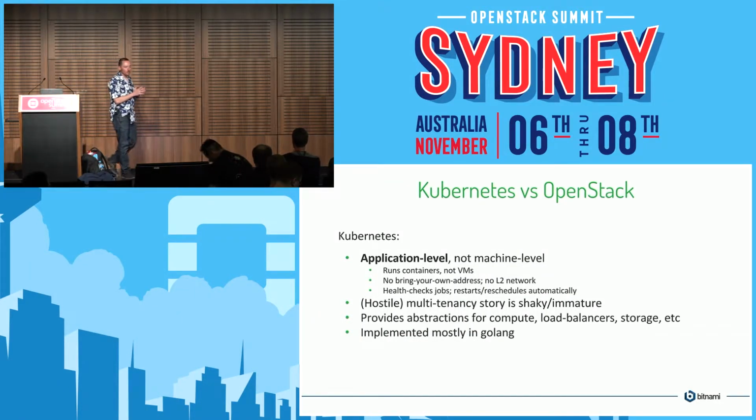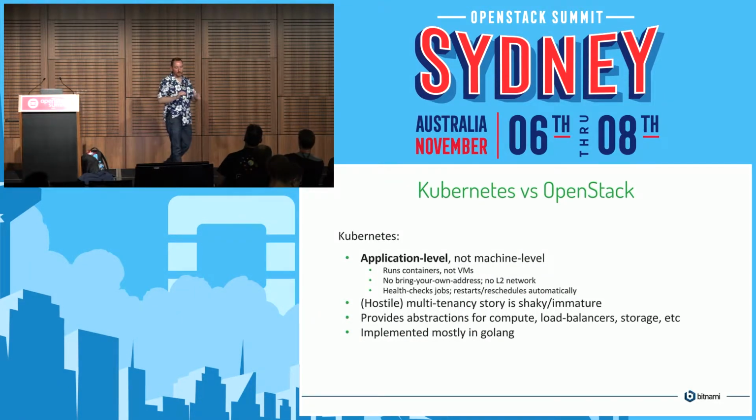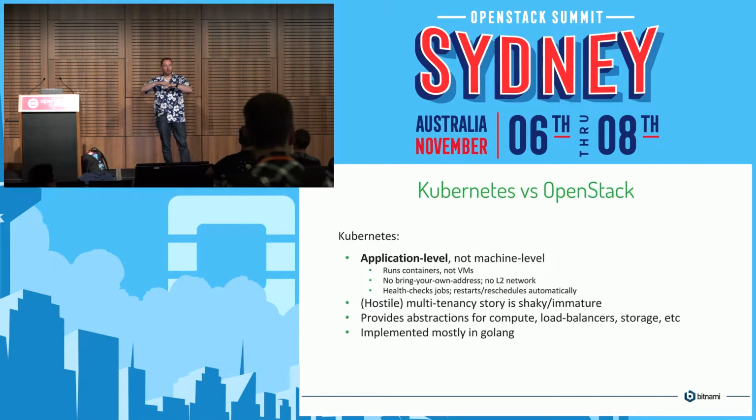All right. So just so that everyone's on the same level here, Kubernetes is an orchestrator for containers. It runs containers. Since this is an OpenStack crowd, to explain how it differs from OpenStack at a very high level, Kubernetes is about applications. OpenStack is about machines.